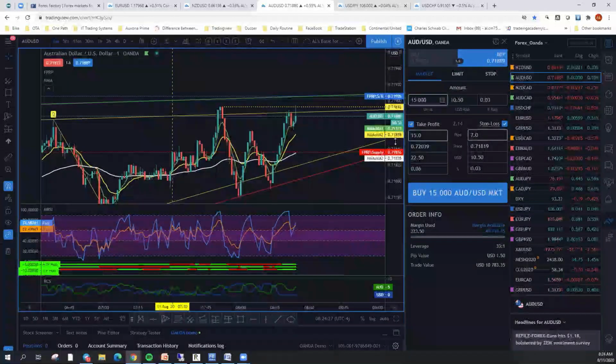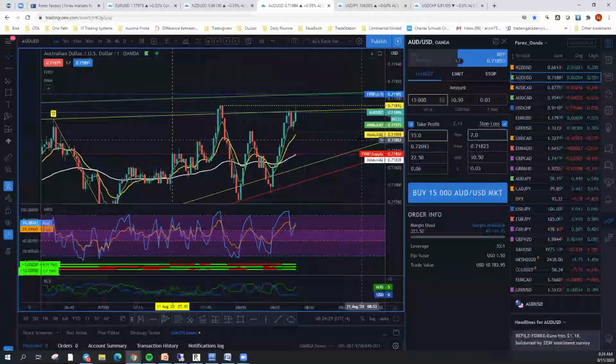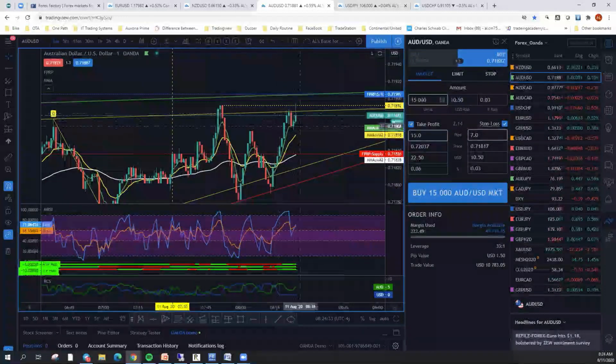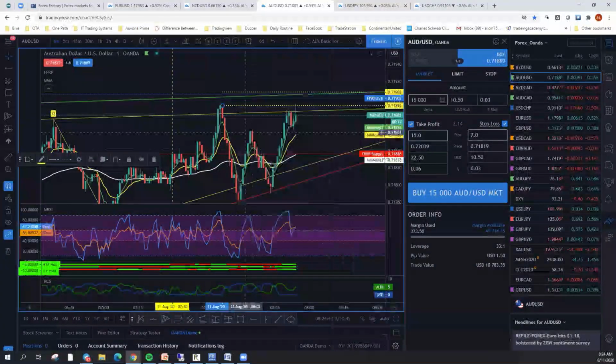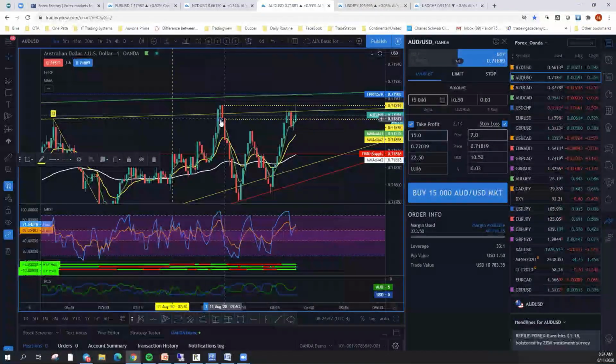Still didn't get the close. It is basing here a little bit, having a hard time getting through this area between these yellow dots.